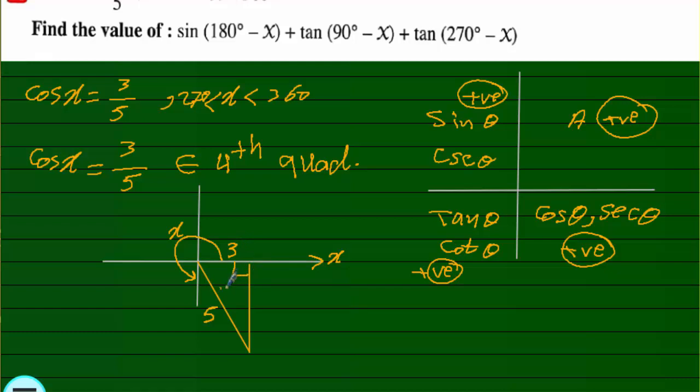You can deduce that the length of the side opposite to angle x equals the positive or negative square root of 5 power 2 minus 3 power 2, which equals positive or negative 4.